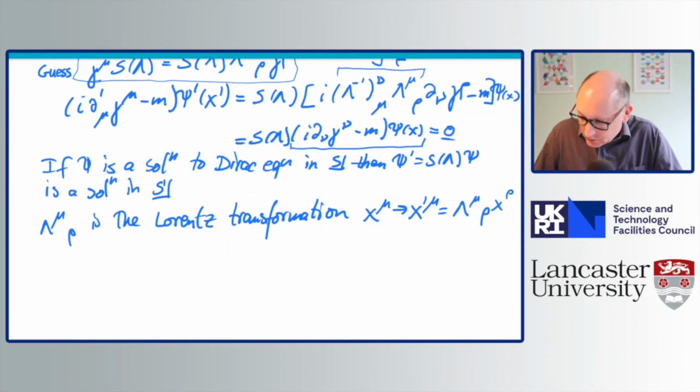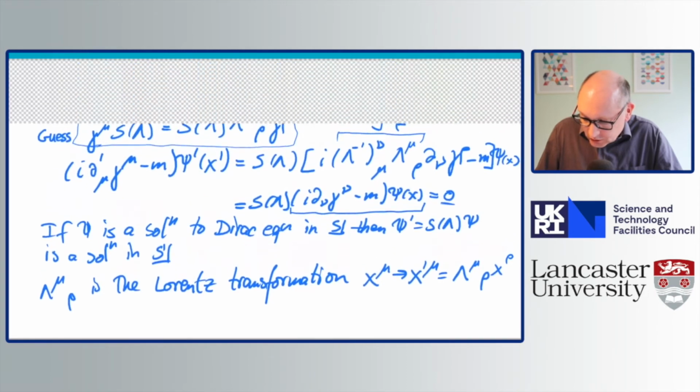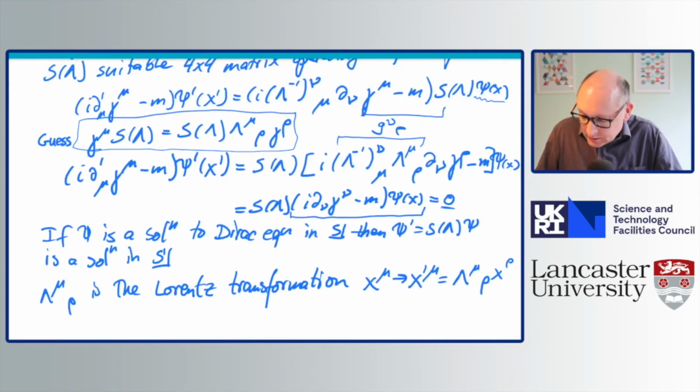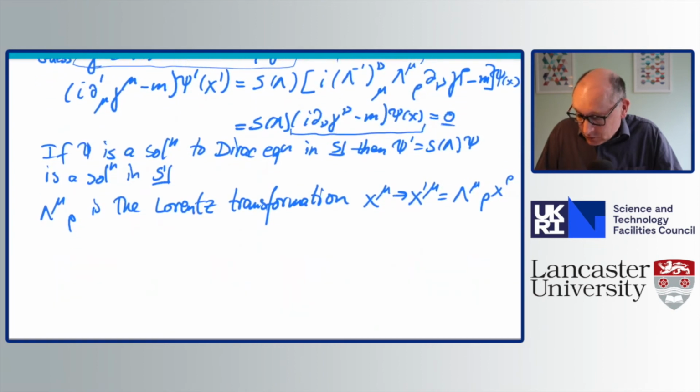Actually, that equation for S that we have up here is enough to construct S, but we won't need explicit constructions of it. We'll just need this property that is necessary for the Dirac equation to be Lorentz covariant, to be fulfilled in both S and S prime when psi prime is found by having S acting on psi.